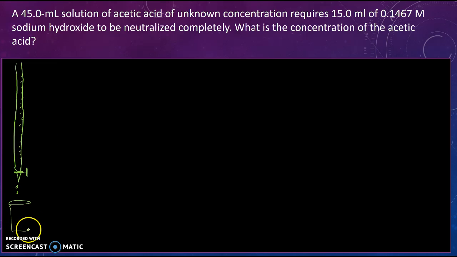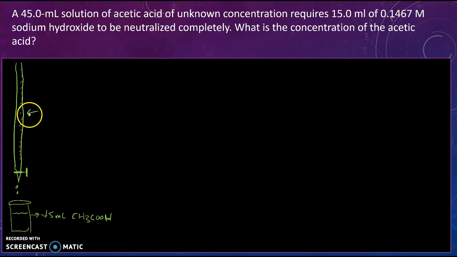Now, in the beaker, what we'll have is our unknown solution. Very often we'll have an acid in one and a base in the other, or vice versa. So in this case, we're going to have 45 milliliters of this acetic acid solution, CH3COOH.